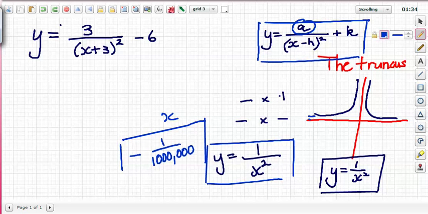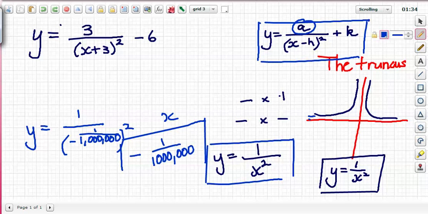Now what's going to happen? We've got y equals 1 on negative 1 millionth. I know it sounds stupid, but you can actually just think about it logically. Negative 1 millionth, and then we're going to square that.